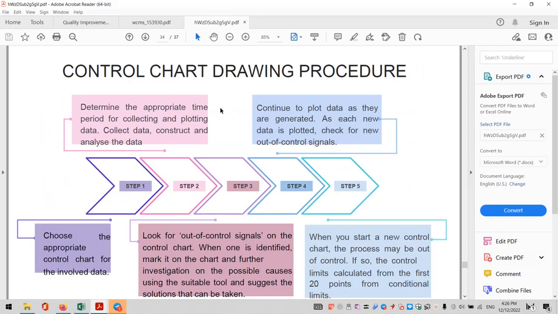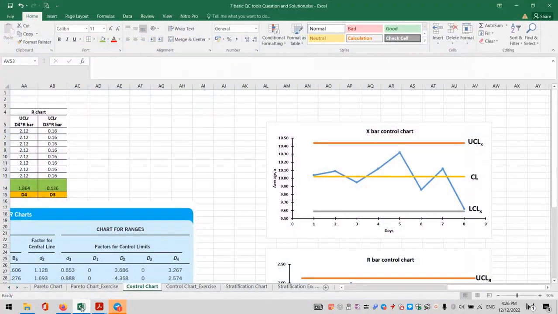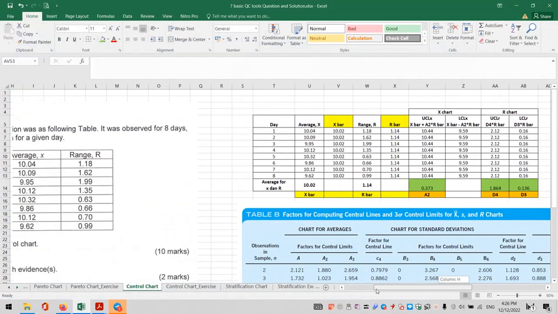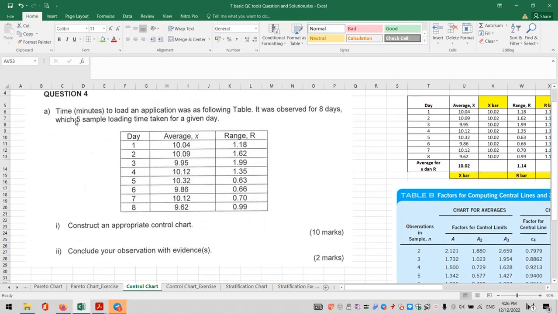This is a method to do the drawing procedure of the control chart. So we have here step 1, step 2, step 3, step 4, and step 5. Okay. So let's take a look at this example. So you have this question.